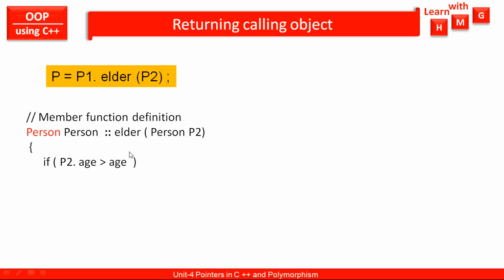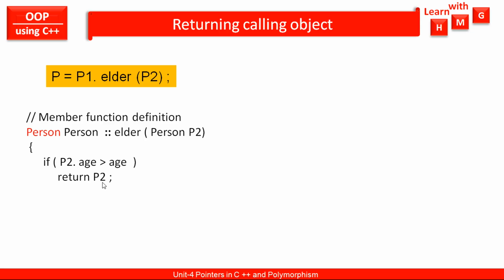The calling object is not indicated as P1 dot age, because whenever any object is calling the member function, its data members are directly accessed with their names. That's why two ages are compared, the age of the P2 object and the age of the calling object.